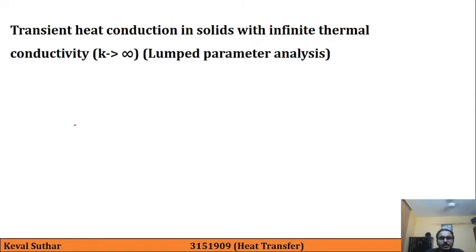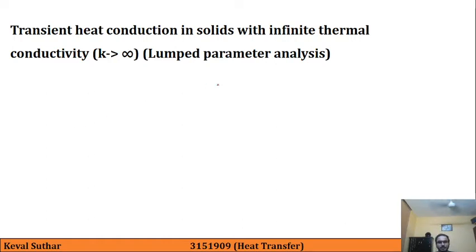Now our main theory of this chapter is transient heat conduction in solids with infinite thermal conductivity, that is, K tends to infinity, and this theory is also known as lump parameter analysis. So let's begin.